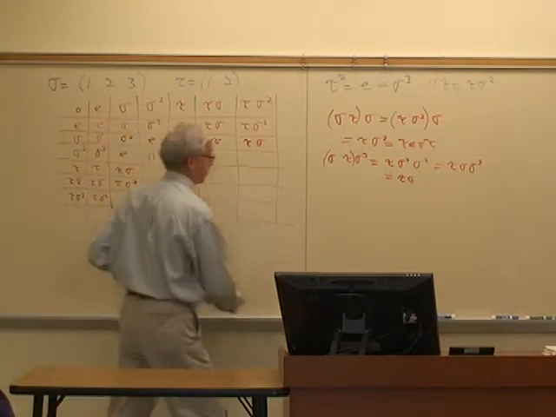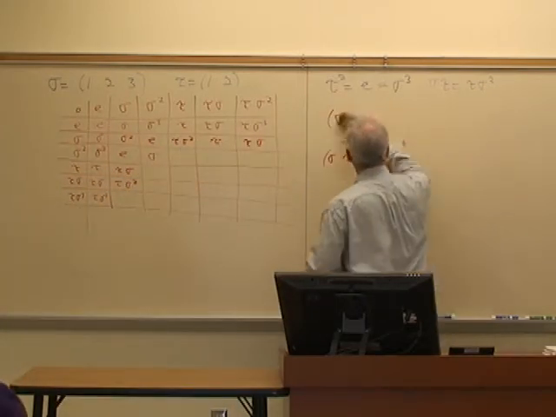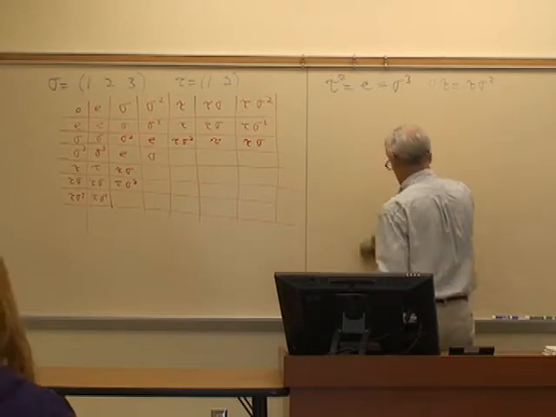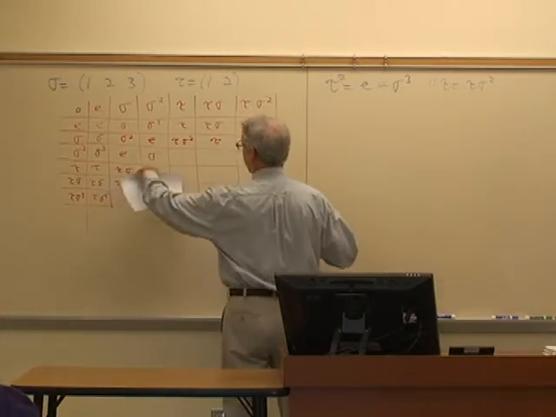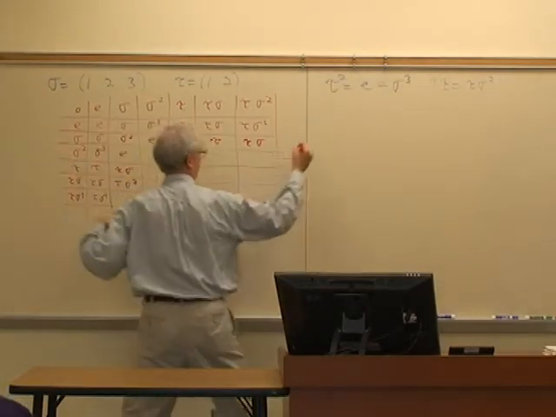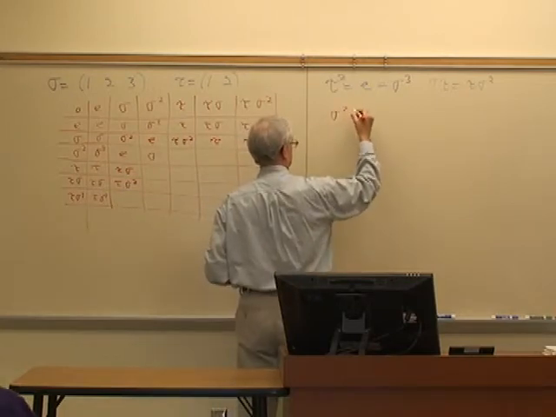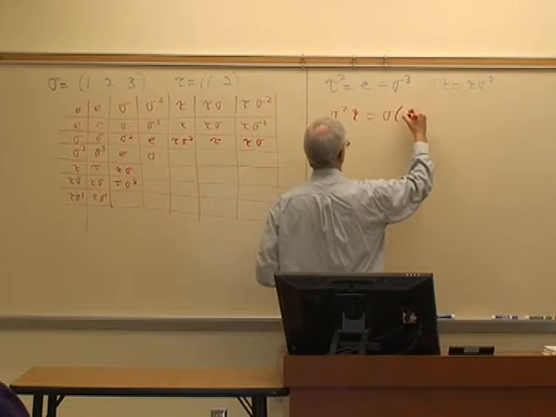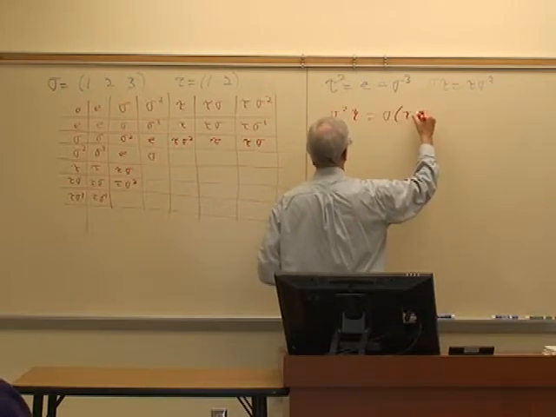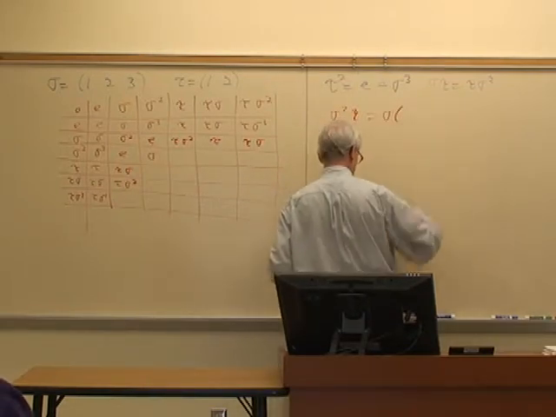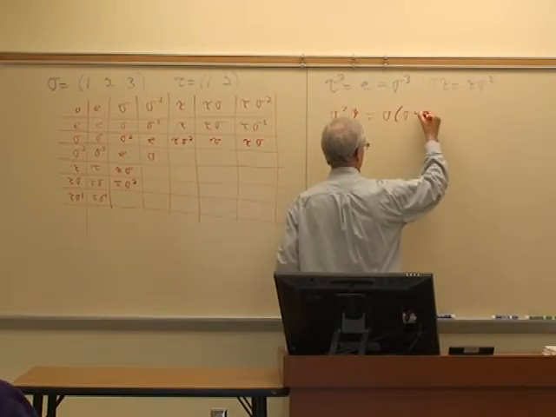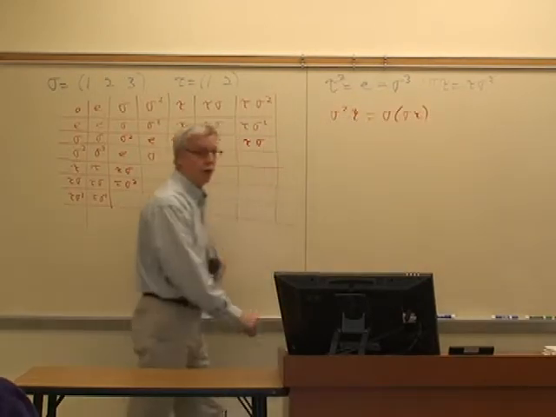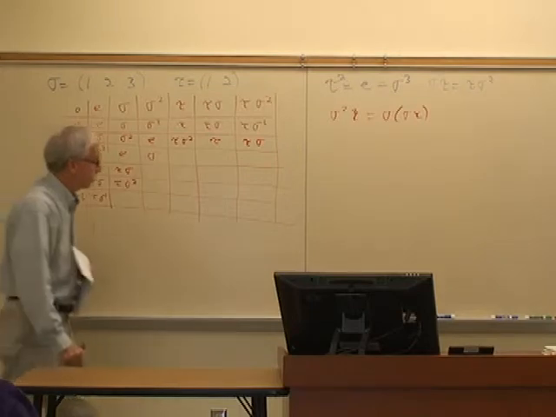Now, let's work some more of this using just my relations. The next one I want is sigma squared times tau. Well, that's sigma times sigma tau. Well, what's sigma tau? Tau sigma squared.